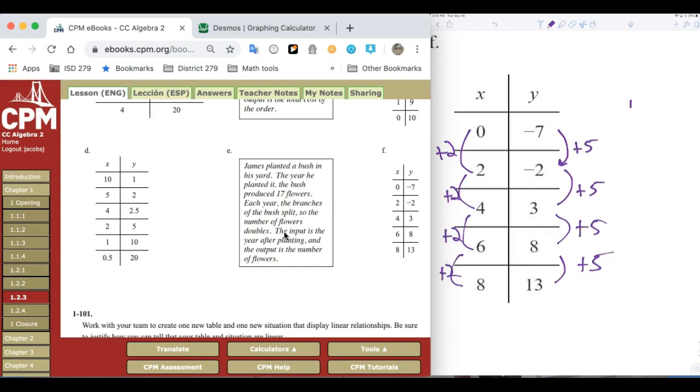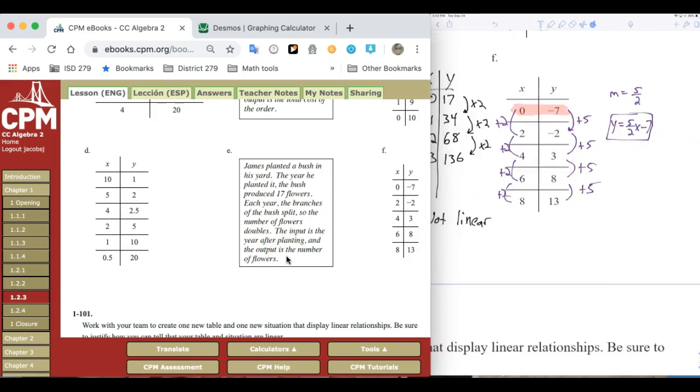So I can see that my slope is 5 divided by 2. And I can look in my table and see that when x is 0, y is -7. So my equation ends up being 5 halves x minus 7. Y equals mx plus b, where b is the y-intercept.